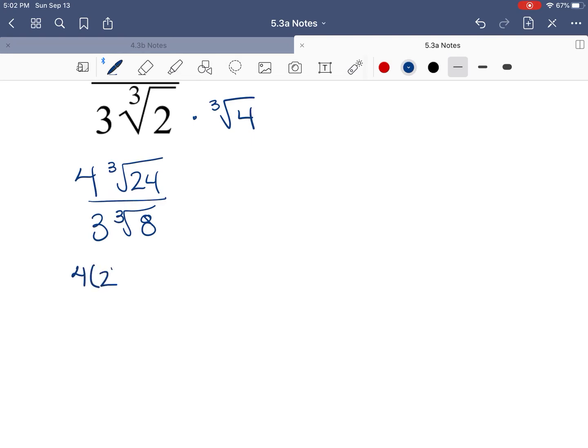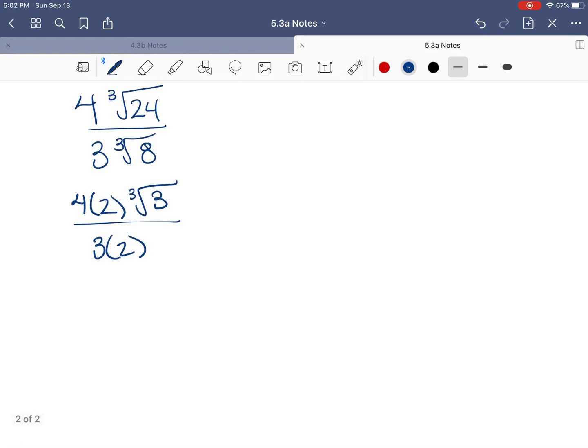So I'm going to have 4 times 2, because I took the cube root of 8, and I'm left with 8 times 3. Over 3 times the cube root of 8, which is 2. Here's where my number could have come in handy. Notice we are multiplying by 2 in this step. So you could go, okay, 8 cube root of 3 over 6.